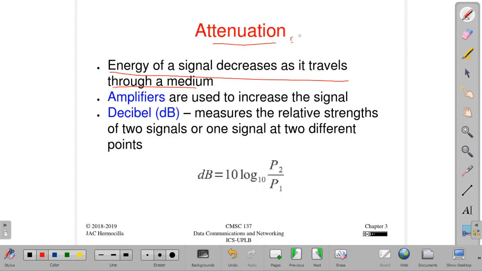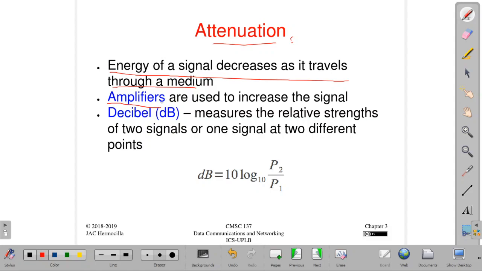Now in data communications, if you want to increase the energy of the signal, you use amplifiers to do that. For example, you can use a megaphone. The megaphone is an amplifier.